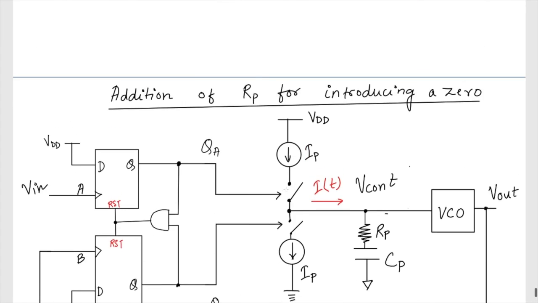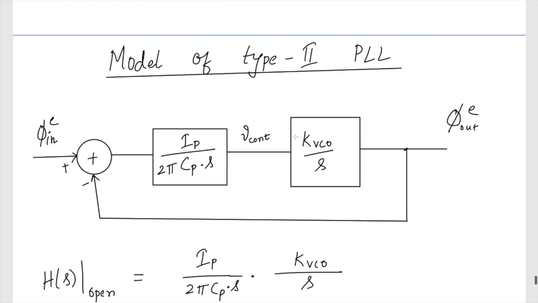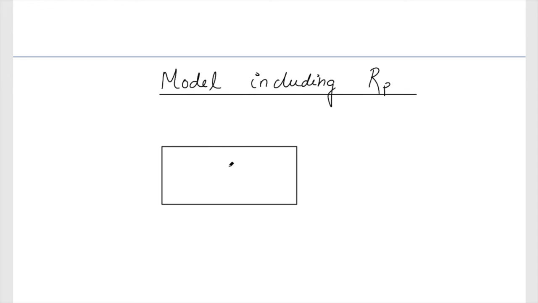Okay, so now let's try to get the model now with a 0. The phase detector and the charge pump is going to look like IP by 2 pi into RP plus 1 by SCP.